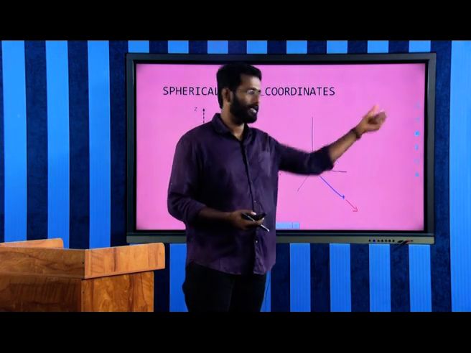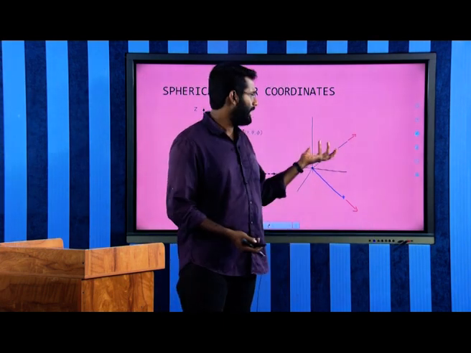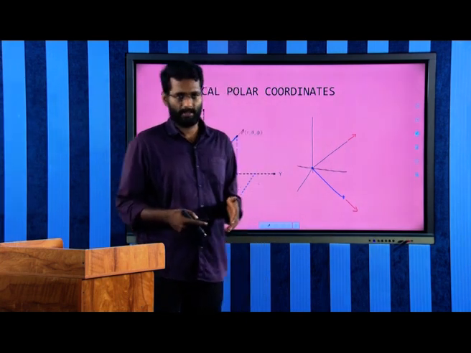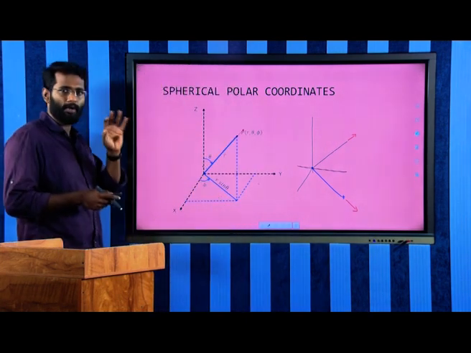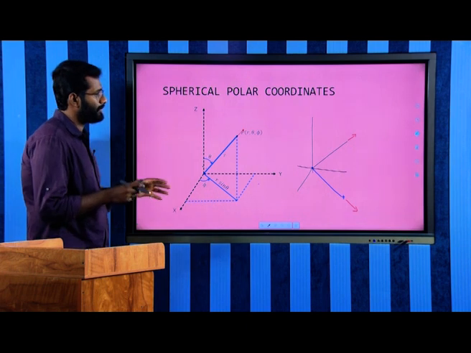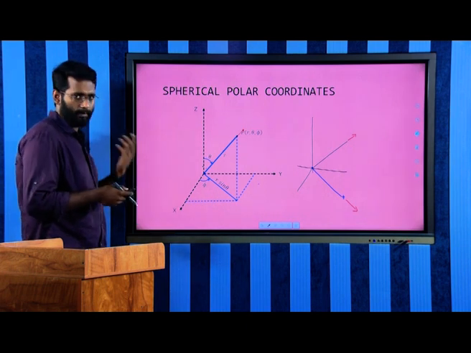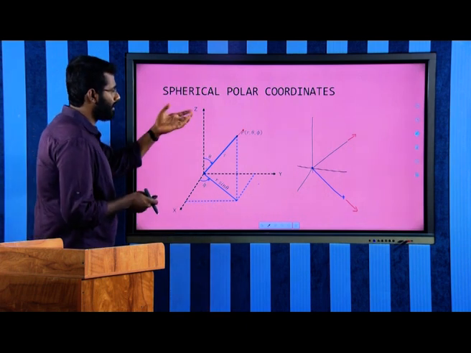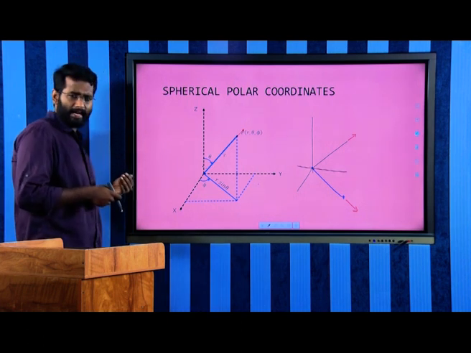Here it is directed towards here, there it is directed towards there, and it has infinitely many possibilities. That depends on the point where you are, so the unit vectors may differ from point to point. So that is the direction of r cap.